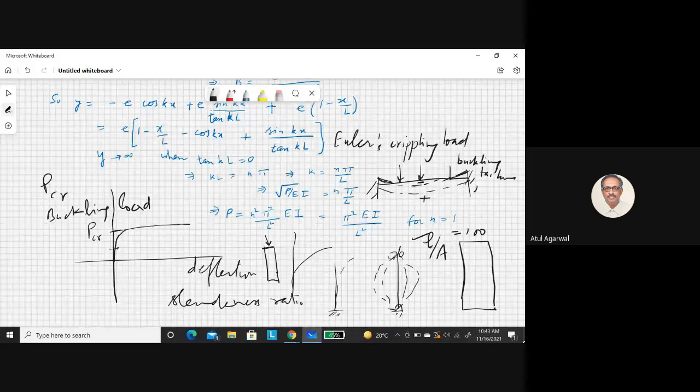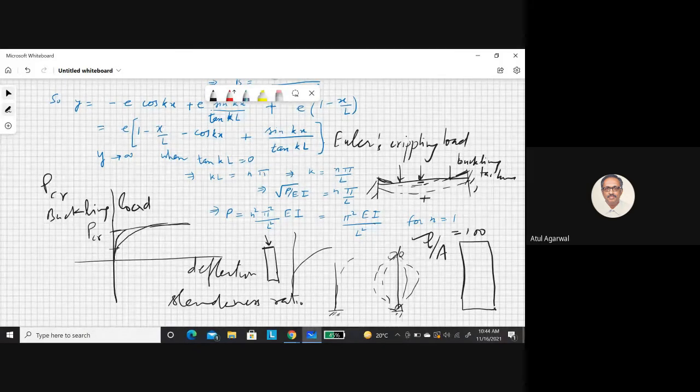So there are different curves. If eccentricity is zero, you have a vertical line, then a horizontal line. If there is some eccentricity, with increasing eccentricity you will have this kind of situation. So there are different curves. You check out your book, it must be showing. Or you look at Timoshenko and Gere.